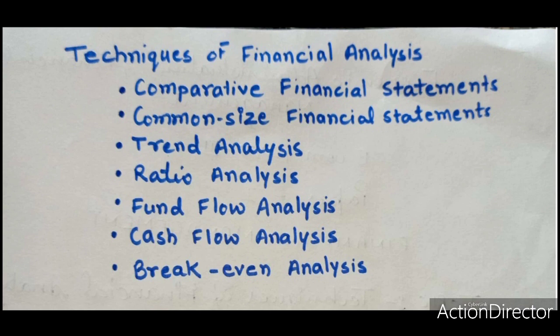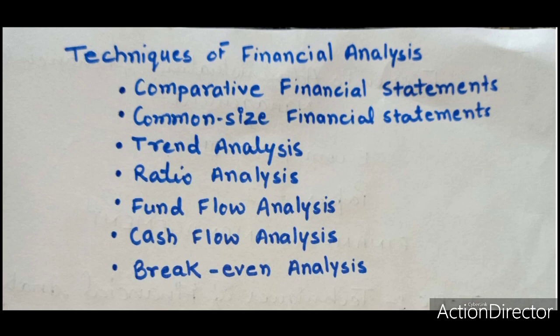So, in today's lecture, we are going to understand some techniques of financial analysis. The financial statements like balance sheet and P&L account are reclassified and arranged logically for the purpose of analysis, and the relationships between various items are studied horizontally and vertically.